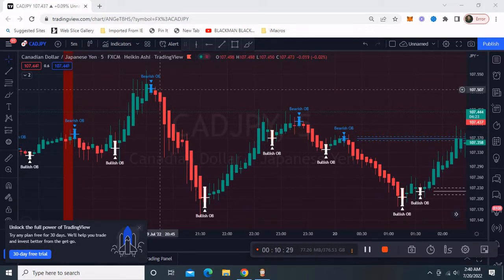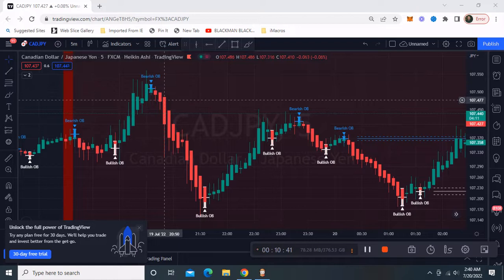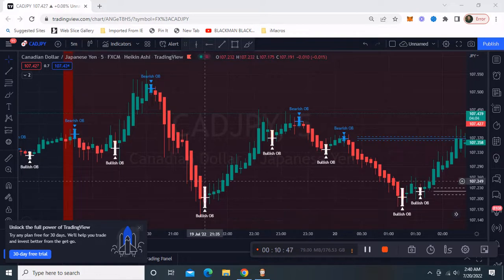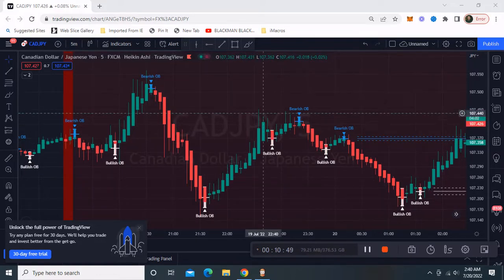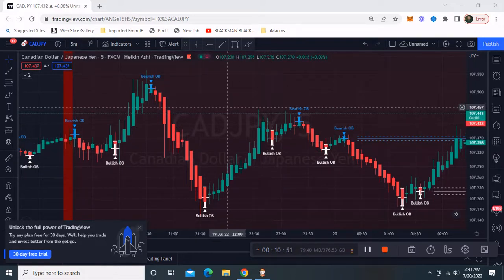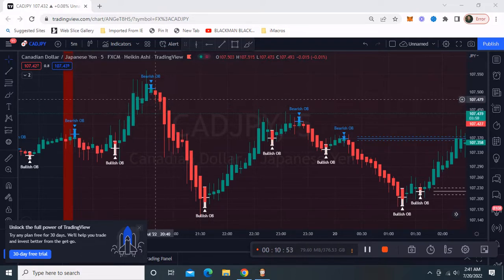Once you do that, there's a couple things. When you draw your rectangle out from the very first candle after the order block, you look to see whether the candles come back up and touch this particular candle.